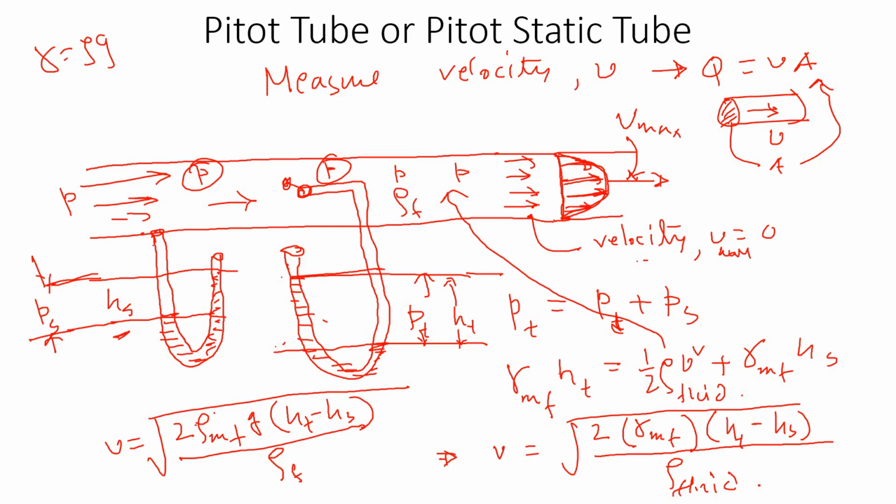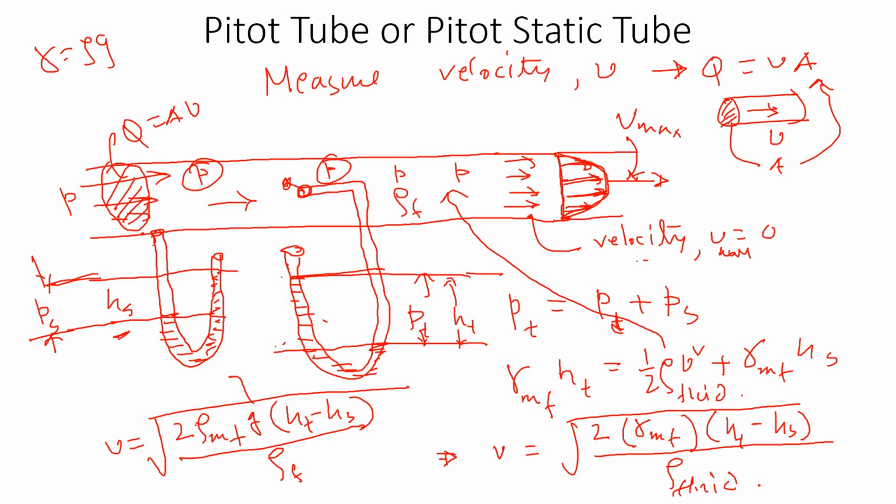The density, or gamma, are fluid properties, and g is a constant. We can measure HT and HS, so we can calculate the velocity. Once we know the velocity, then we can calculate the cross-sectional area of this pipe, and flow is velocity times the area.